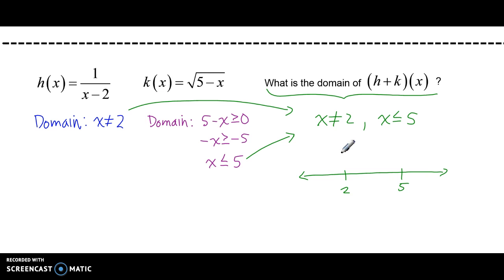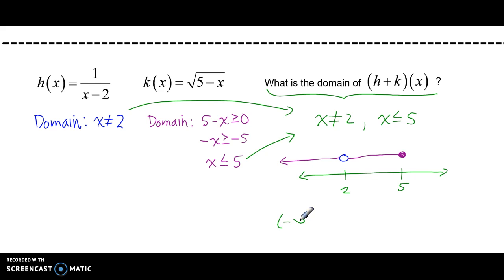We're not allowed to equal 2, so there's got to be a gap at 2. And we've got to be less than or equal to 5 because of that inequality. So we end up with a picture that looks like this. Everything smaller than or equal to 5, but make sure you skip over 2. Notice that produces two intervals.